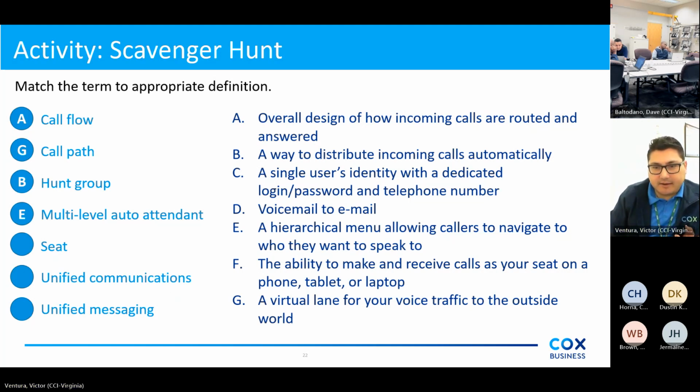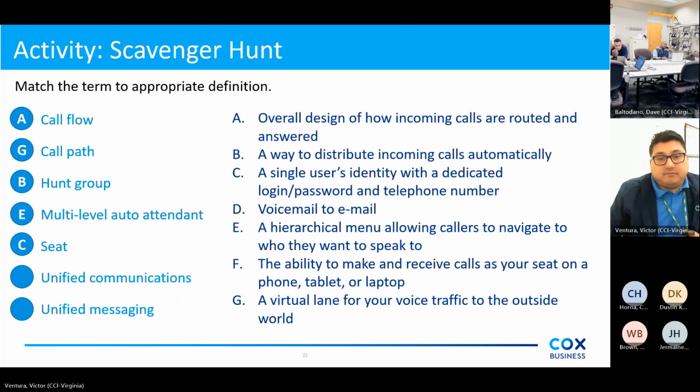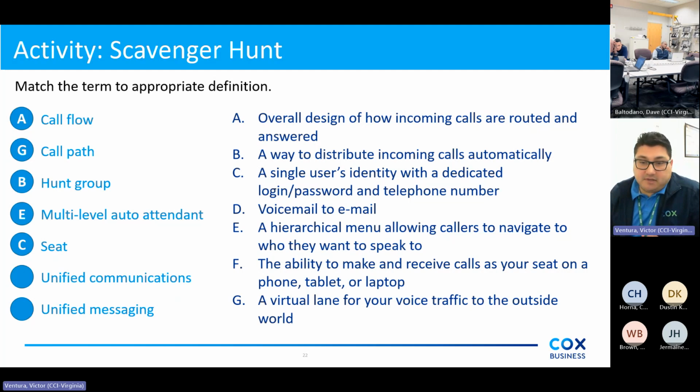Now, a seat. C. Right? A seat is a single user's identity. They have their own DID, or in this case, their own phone number. Unified communications. F, yes, correct.